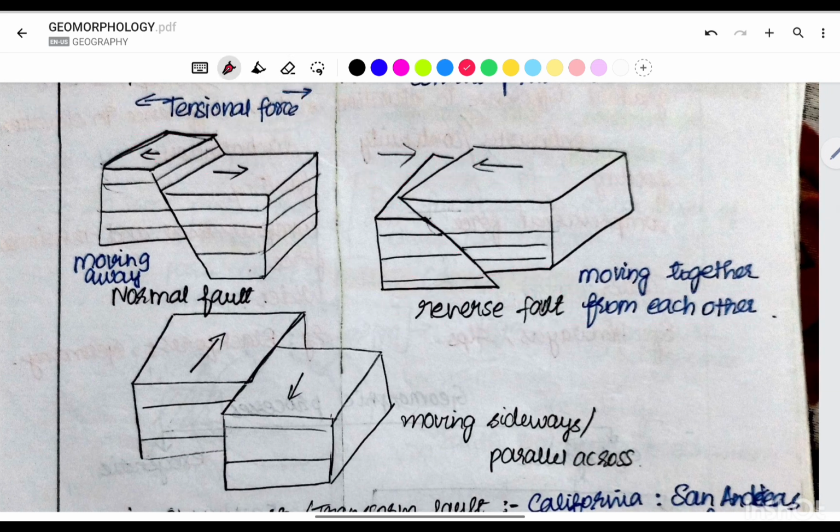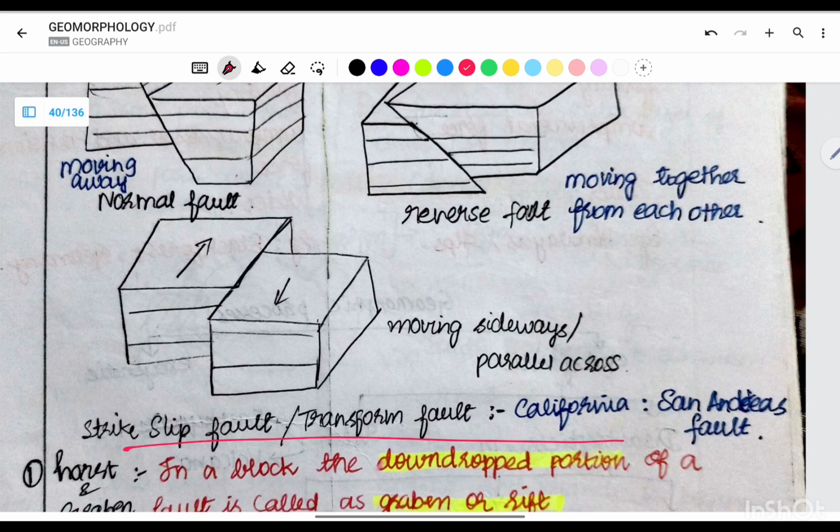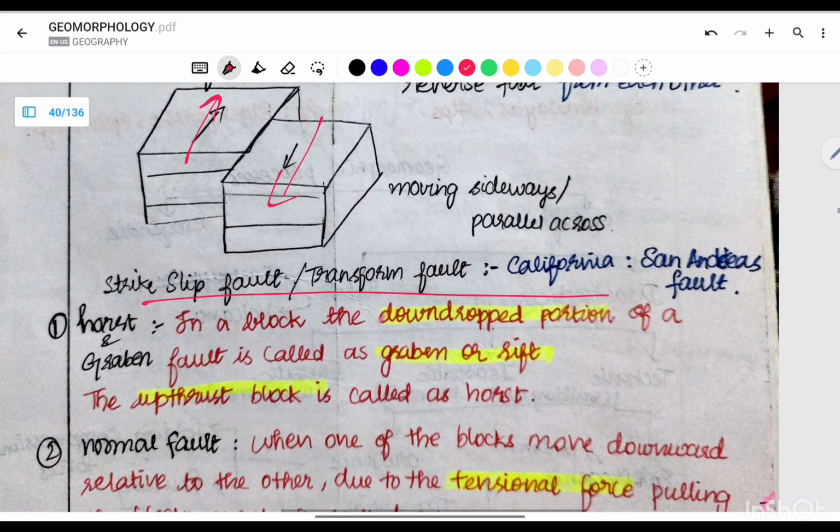This is the difference between the normal fault and the reverse fault, and after that we have the strike slip fault. In the strike slip fault, the blocks are moving parallel to each other.